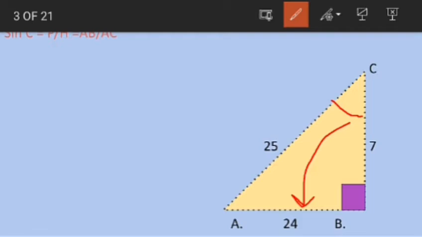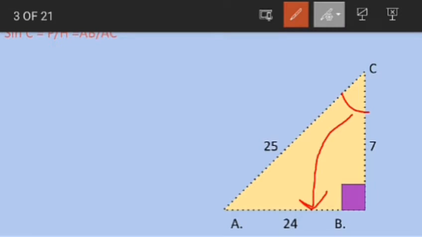So always remember that the perpendicular and the base you decide depend on the angle you are given. It is not the same for both angles, as you have seen earlier: for angle A the perpendicular was BC, but in the case of angle C it is going to be AB. So this is angle C and the perpendicular this time, the opposite side, is AB. I hope that is clear.